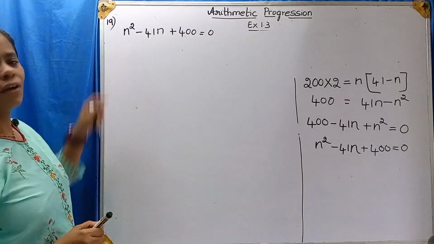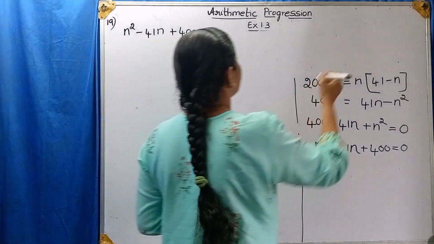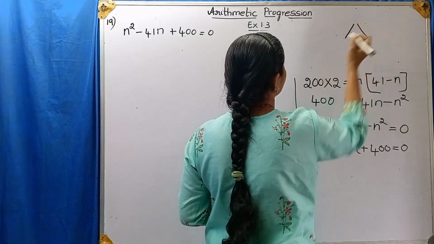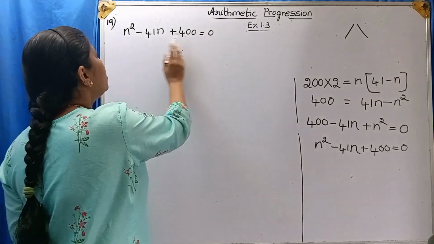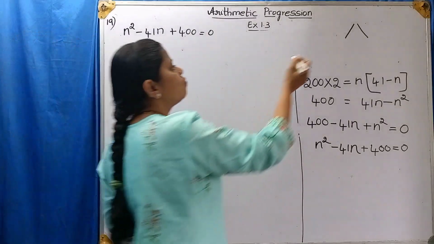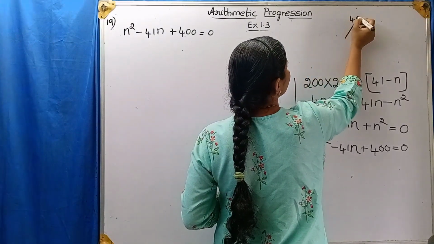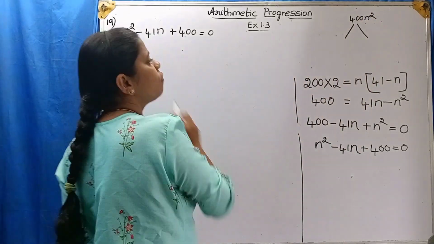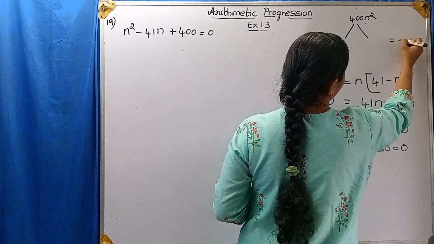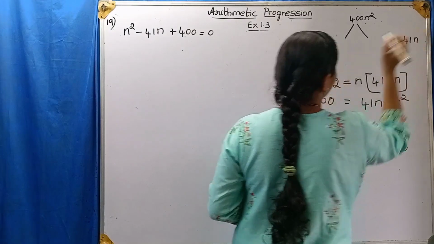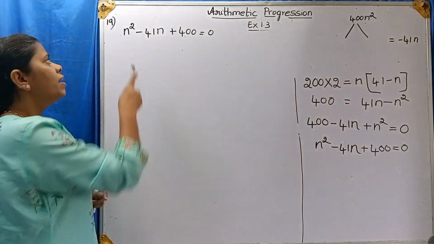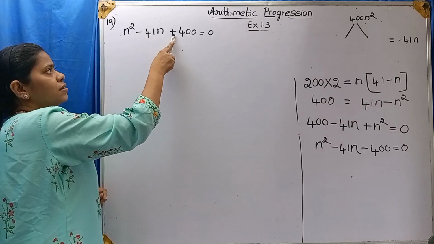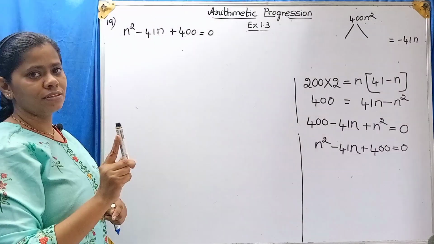Now let us find out the factors. 400 into n square is 400 n square. Okay. Then minus 41n. Let me write here. See here, when it is minus and plus, let us write minus minus.